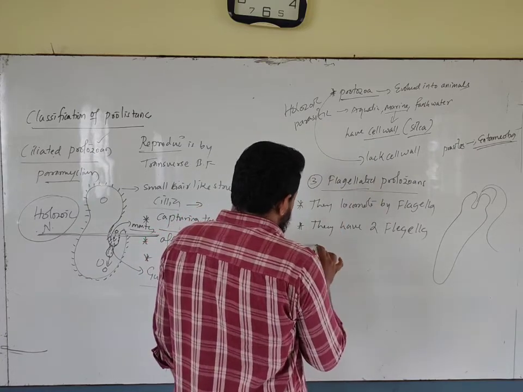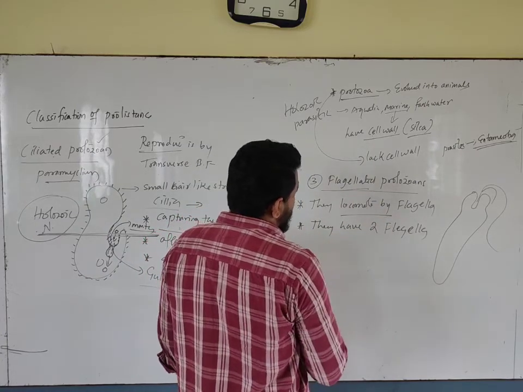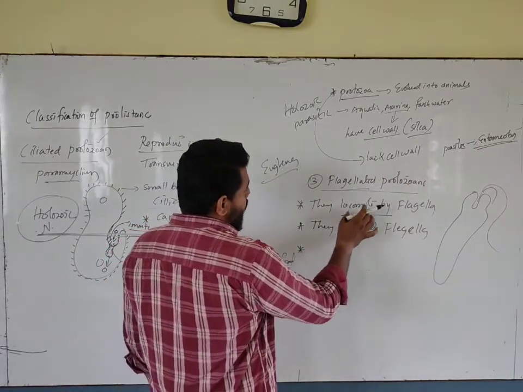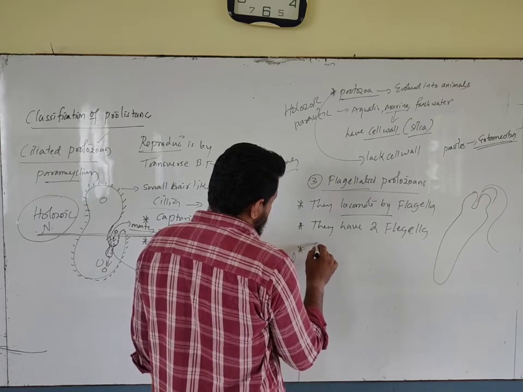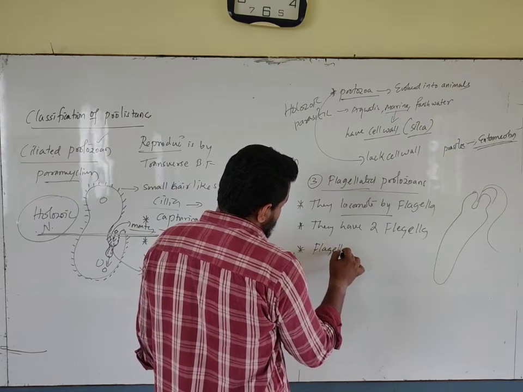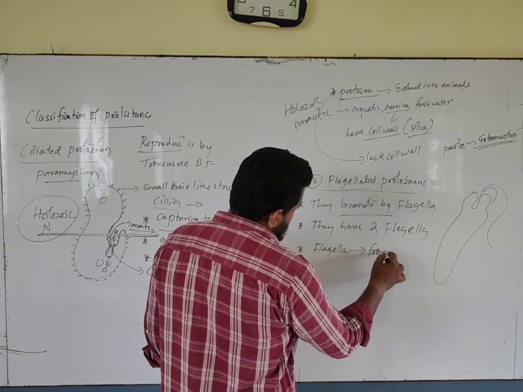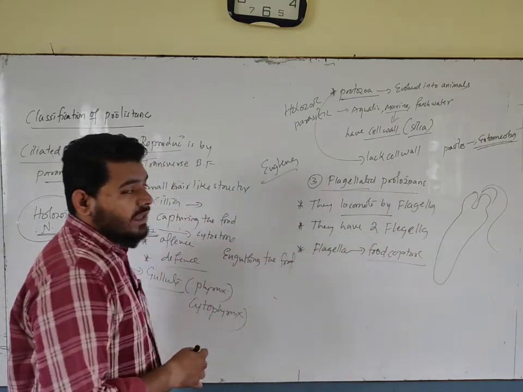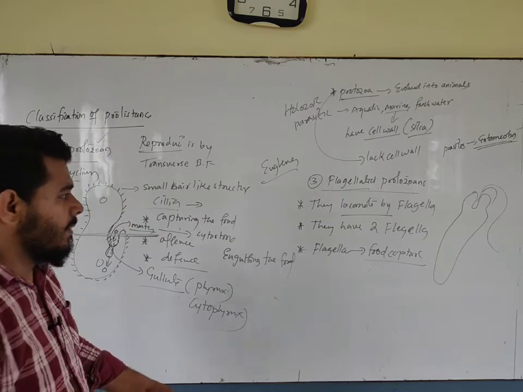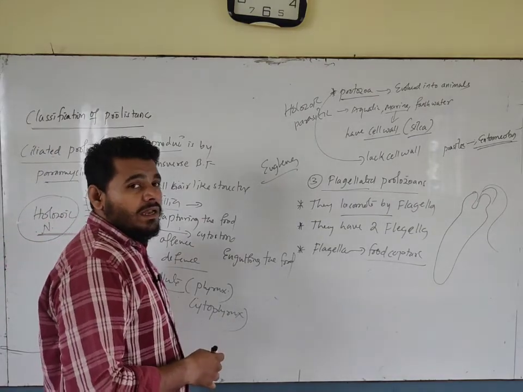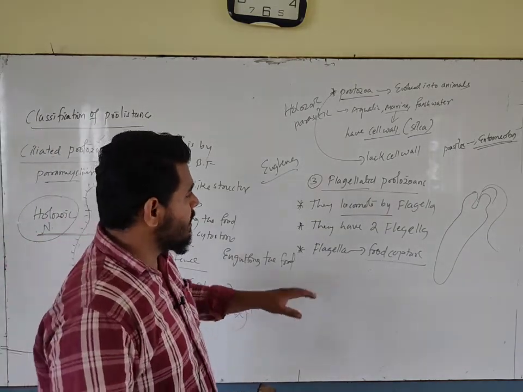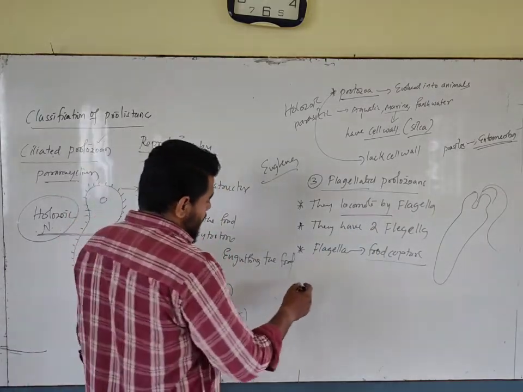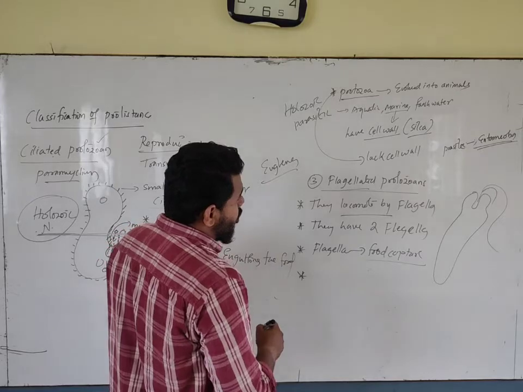So apart from helping as locomotory organs, flagella help for food capture. The same paramylon is a reserve food material in Euglena, which I have explained earlier in the Euglenoids topic.